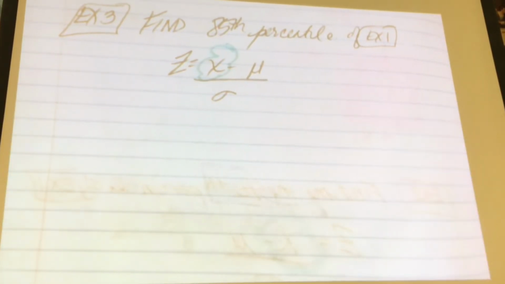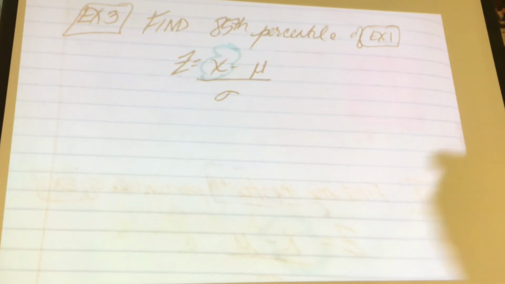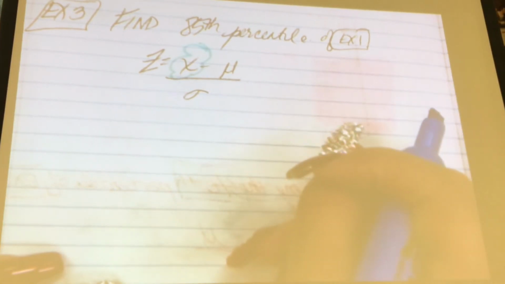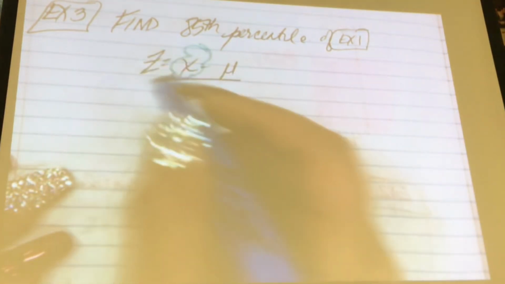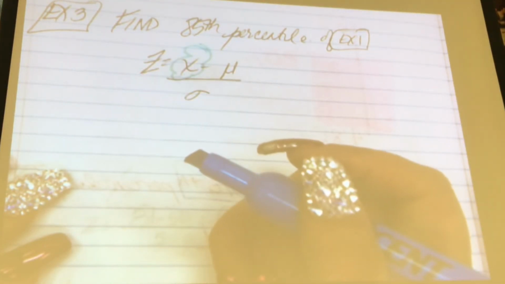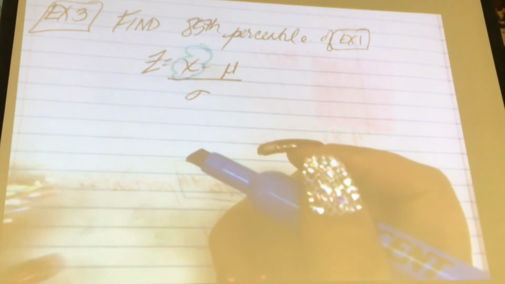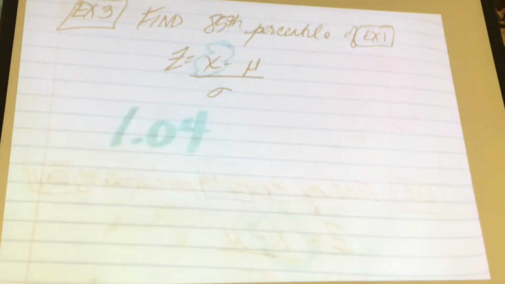I would accept 1.04 or 1.0. Well, no, check. Which one's closer? I could take 1.032, but which one's the closest to 85%? Yes, 1.04 is actually the closest one. Even if you put 1.05, it's not like you're going to get a totally different answer. Pretty close. So right here is 1.04.